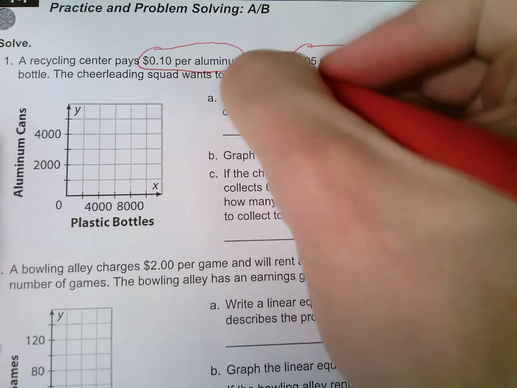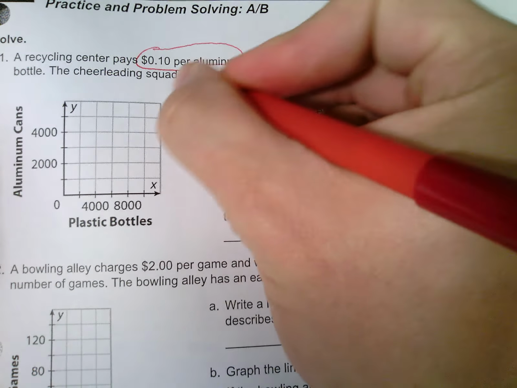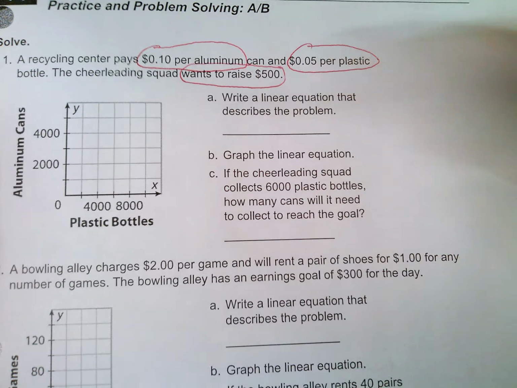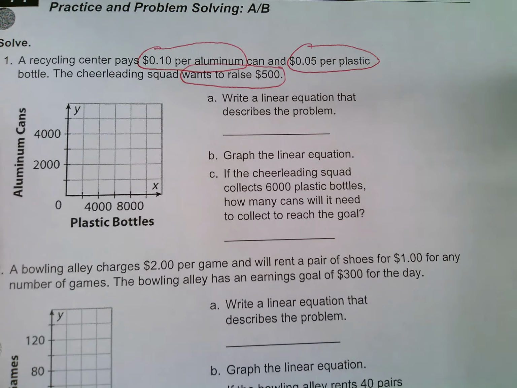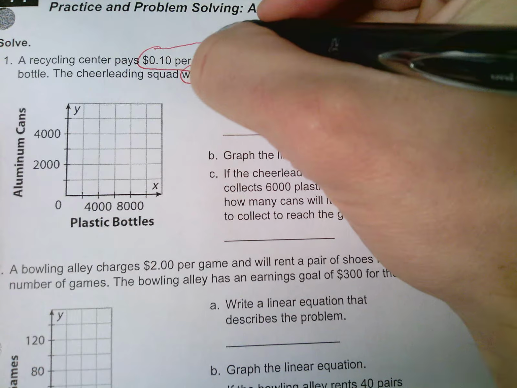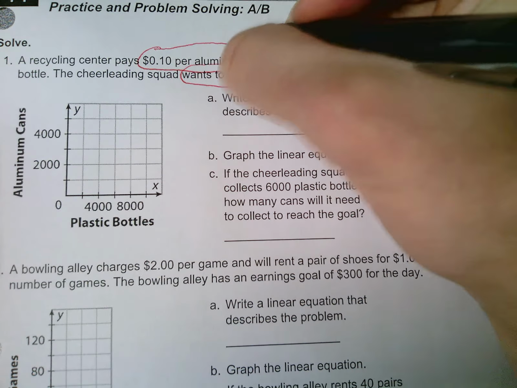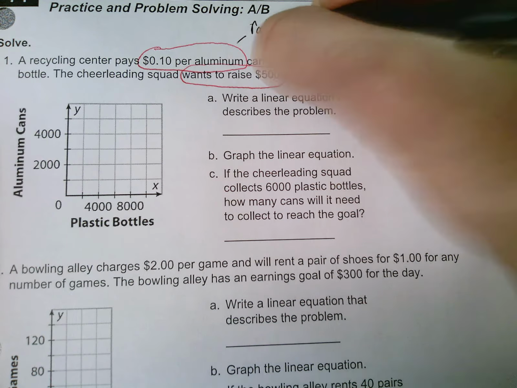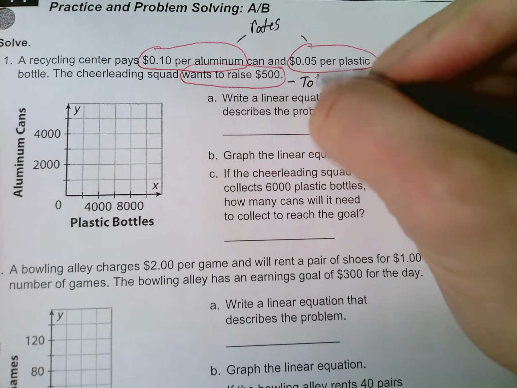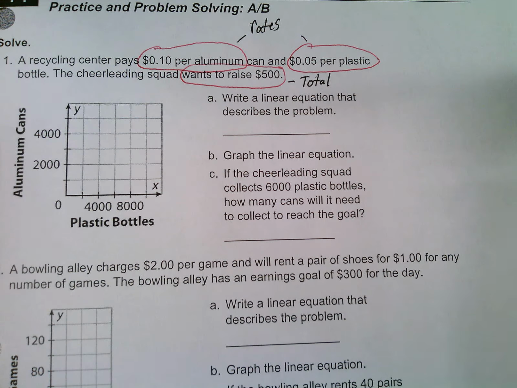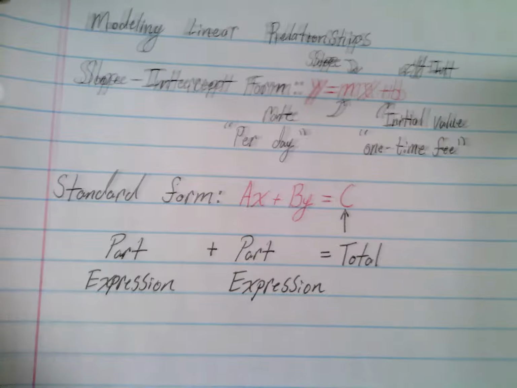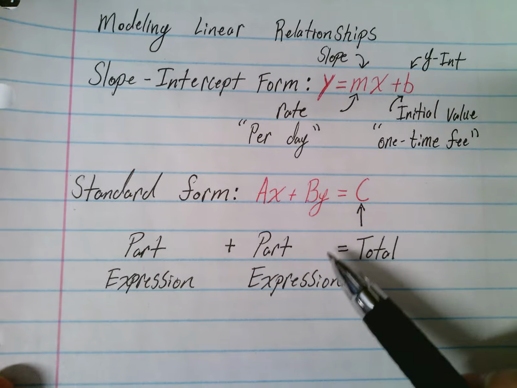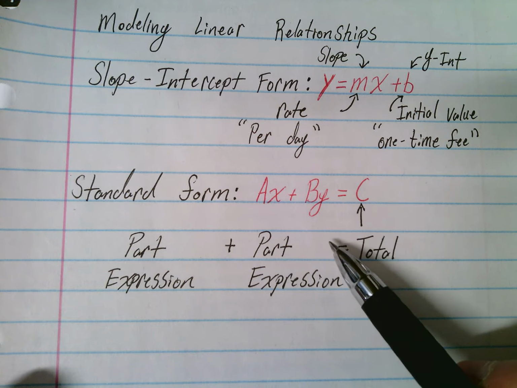And then I see that they want to raise a desired total of $500. So these are both rates, and this is a total. So if I've got 2 rates and a total, it's looking like I'm going to want standard form.